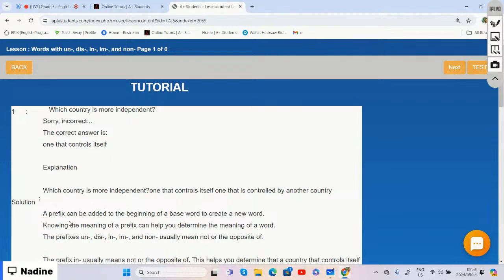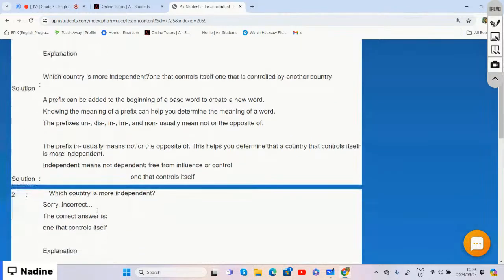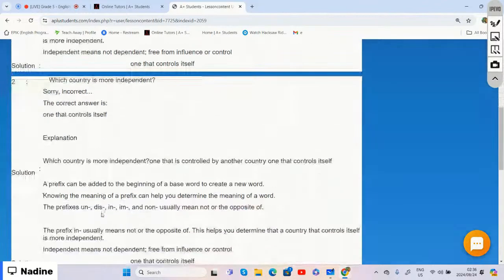All right. So which is more of an independent country? It's a country that controls itself.